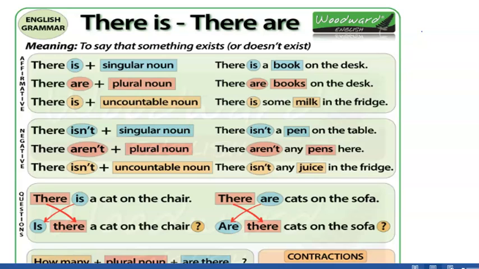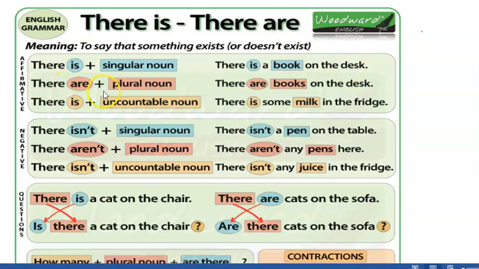Now the second page, it's not as attractive as the mind map, but it has a lot of good information. So we have there is, there are, meaning to say that something exists or doesn't exist, because of course it could be negative. So we have there is plus a singular noun. There is a book on the desk.